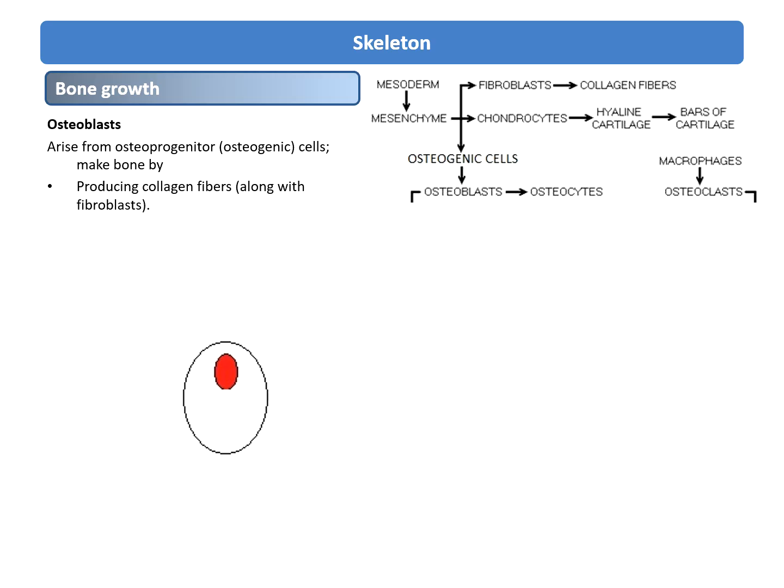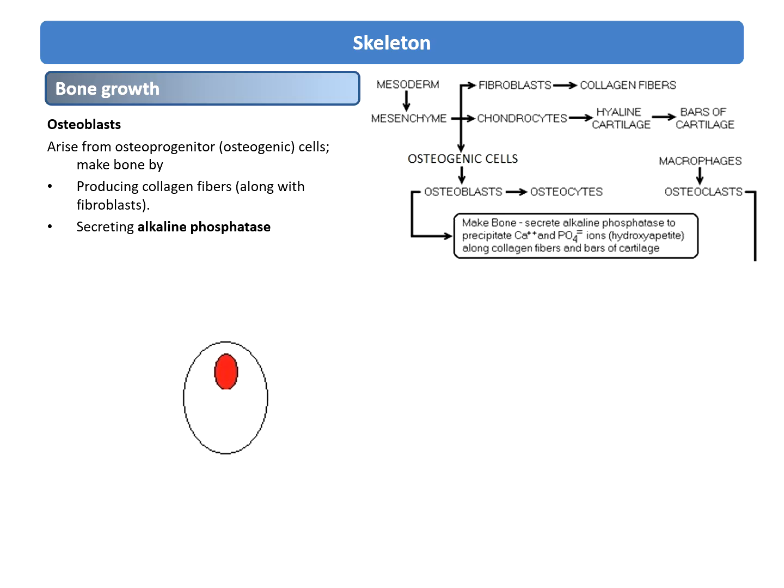So these cells are crawling around, laying out strands of collagen fibers. They secrete an enzyme called alkaline phosphatase, which causes calcium and phosphate ions to precipitate along the fibers and the bars of cartilage.